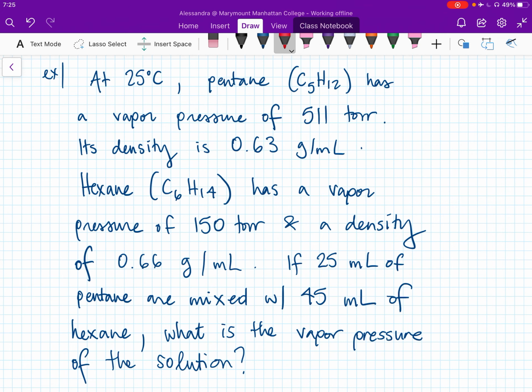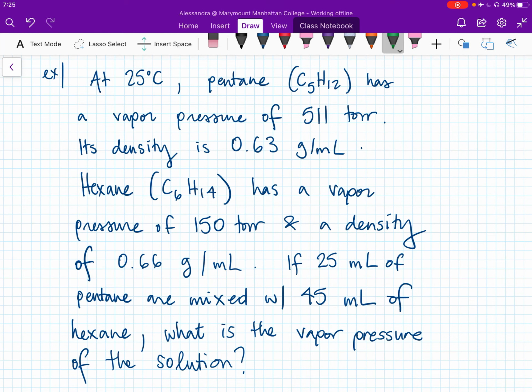Now, if we mix 25 milliliters of pentane with 45 milliliters of hexane, what would be the vapor pressure of that mixture? What would be the vapor pressure of the solution? Here we clearly have two very similar components. They're both volatile hydrocarbons, molecules with relatively weak intermolecular forces.